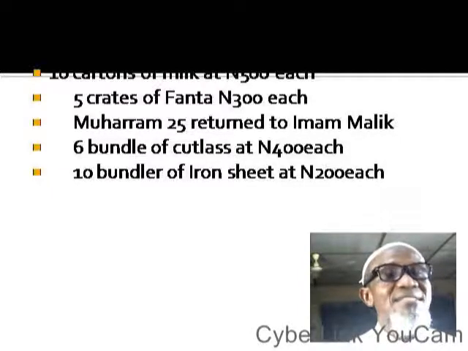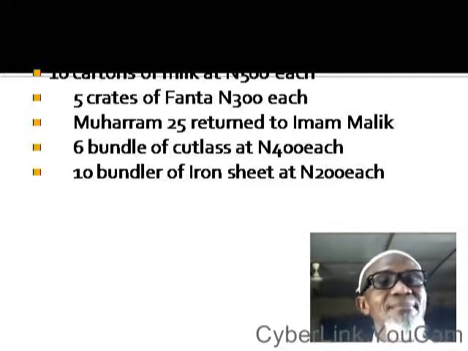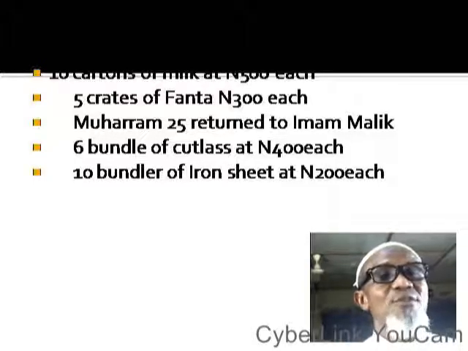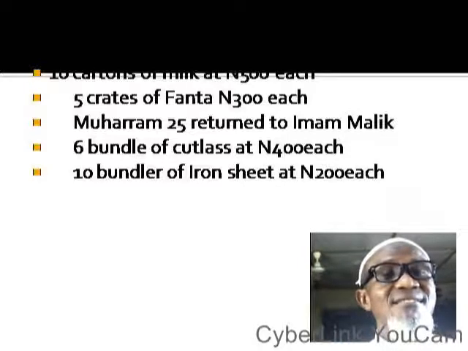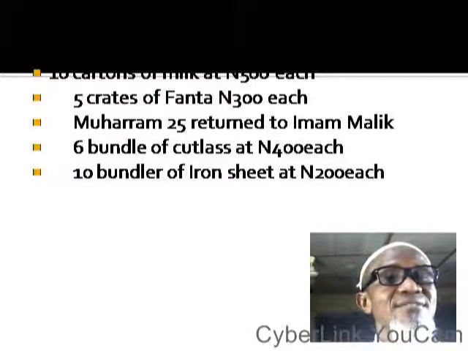Then on the 12th, there's another person that returned goods due to what I've told you earlier. Imam Malik returned 6 bundles of cutlass at 400 naira each. What you do is multiply 6 by 400, which will give you 2,400 naira.